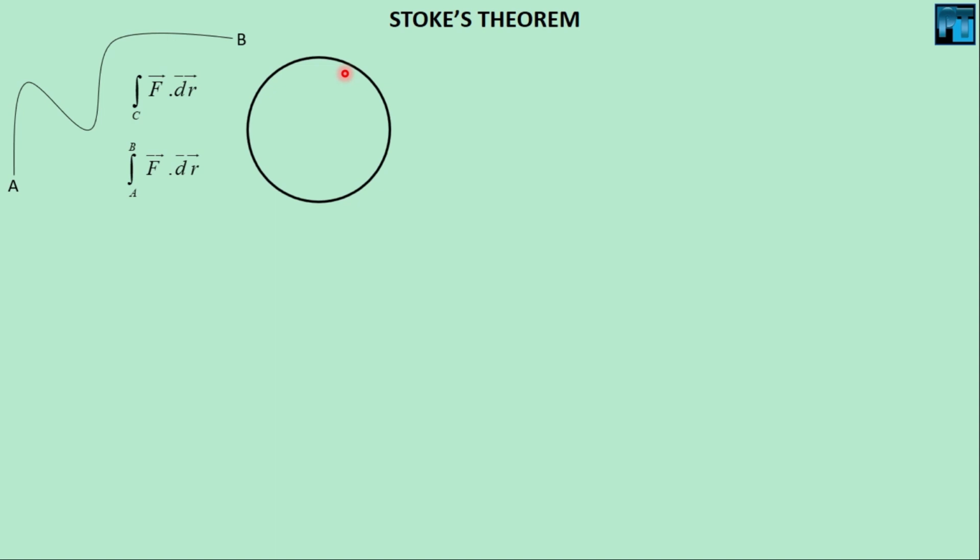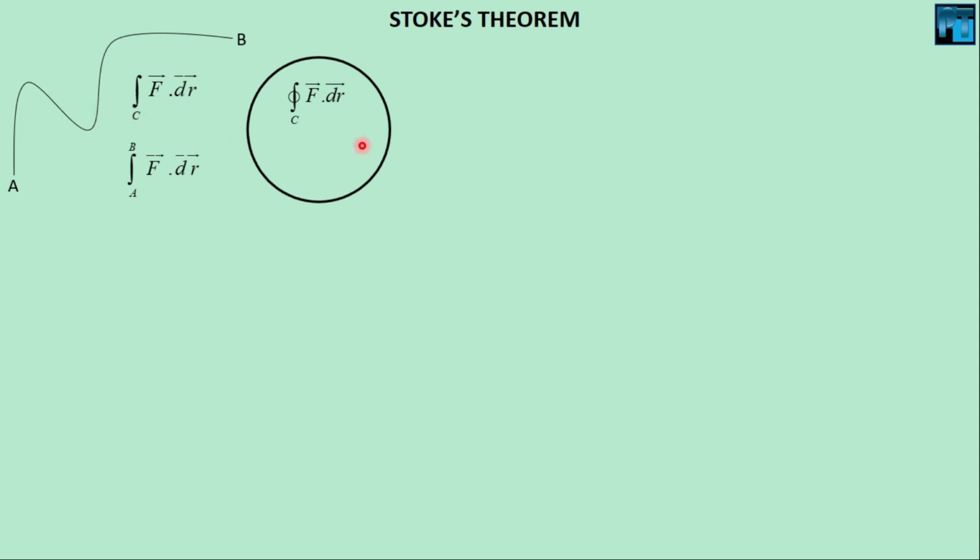In case of line integrals, this line integration can be expressed with this closed sign. So this A to B is an open line integral, and this F dot dr over this closed contour is a closed line integral. Now, what is the basic difference between a closed line and an open line?